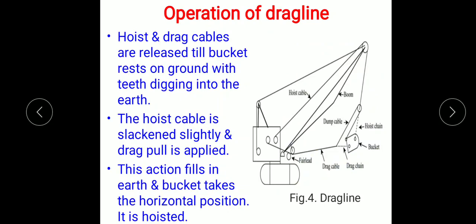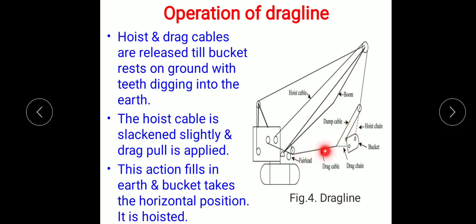Coming to the operation of drag line, all of you should practice the drawing of this drag line. Here we can see this is a working mechanism. This is a hoist cable. This is a boom. This is a dump cable.